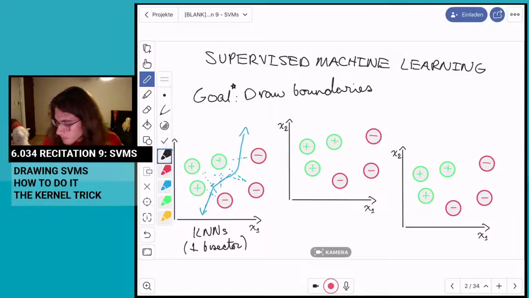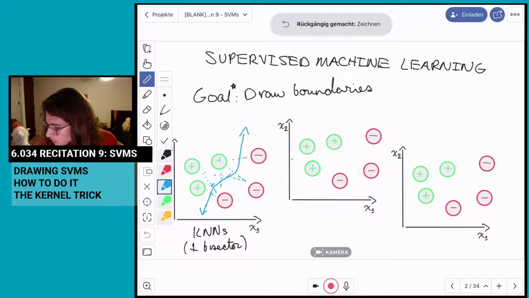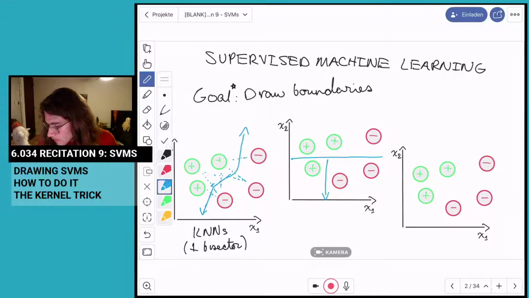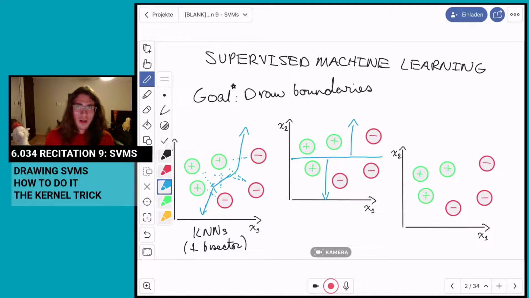The other way to do it was using individual features, in the style of what was meant to be in blue, in the style of ID trees. And so we would get these straight lines because we would use a single feature. And that's why I've also labeled the axes x1 and x2, because they're features of a vector x.